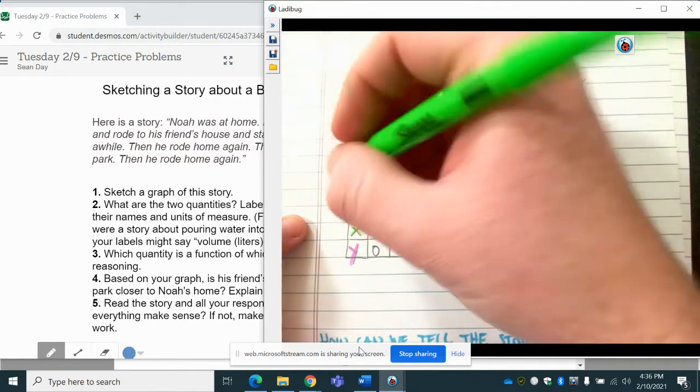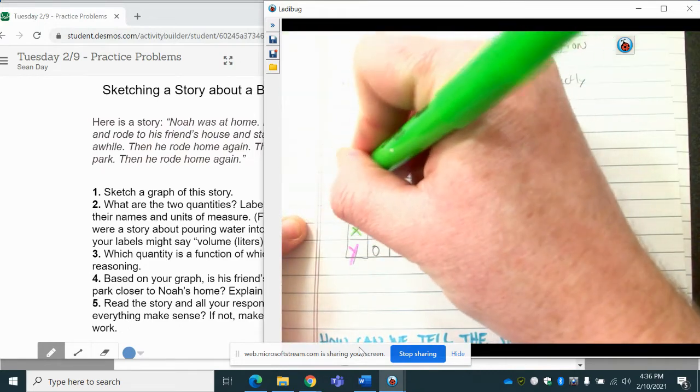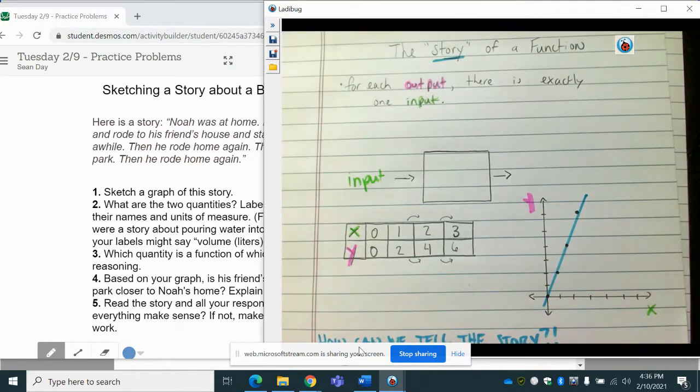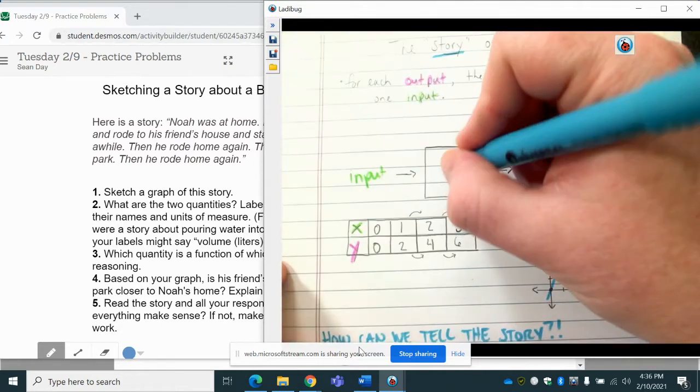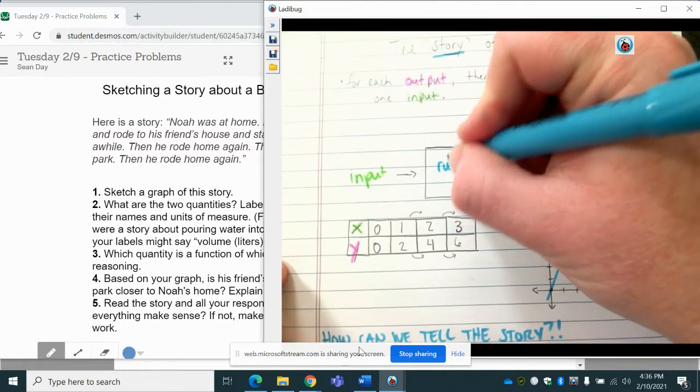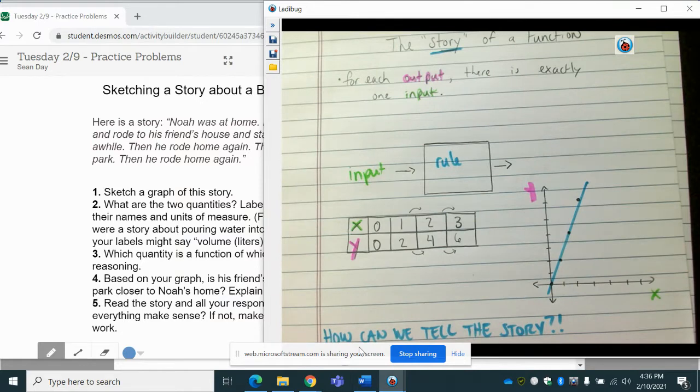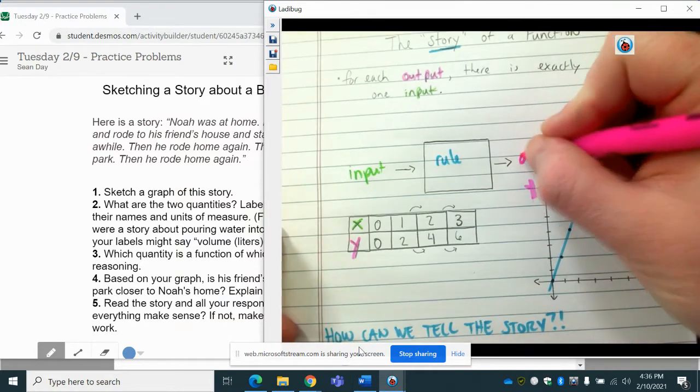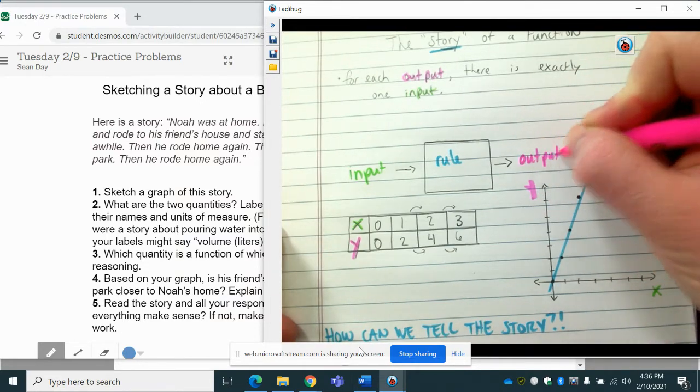We'd say that you start with an input, you apply a rule, and then you get one output, a single output.